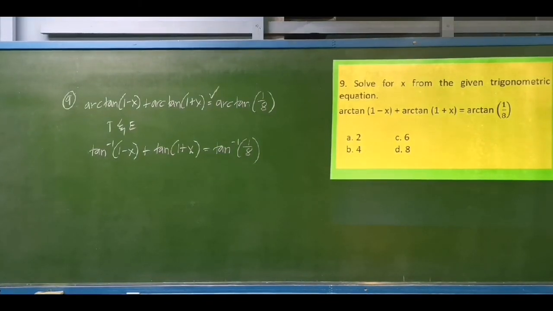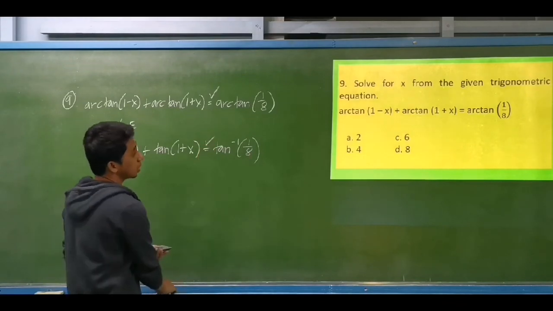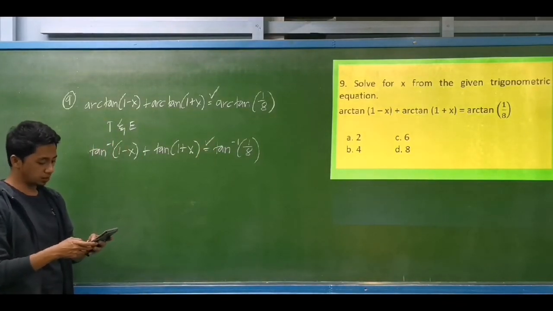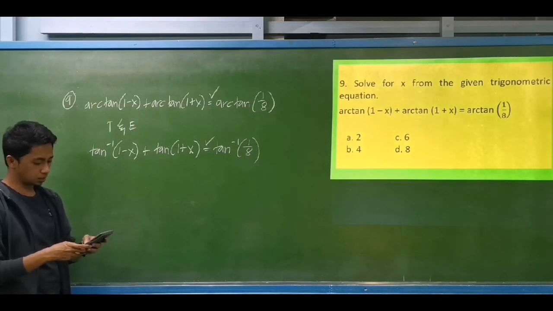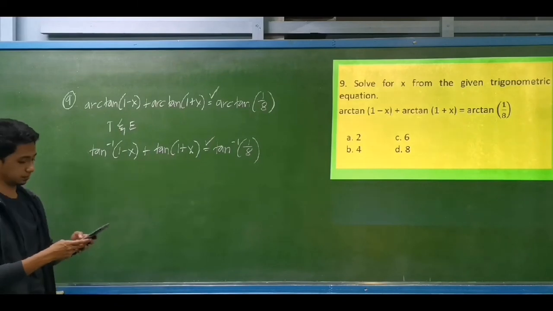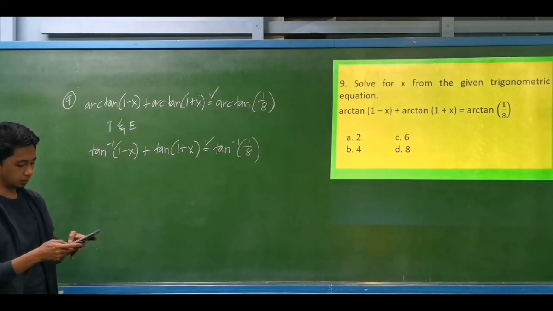I'll be using calc for this one since what we need is trial and error. So we input the equation: shift tangent of 1 minus x plus shift tangent of 1 plus x is equal to the shift tangent of 1 over 8.